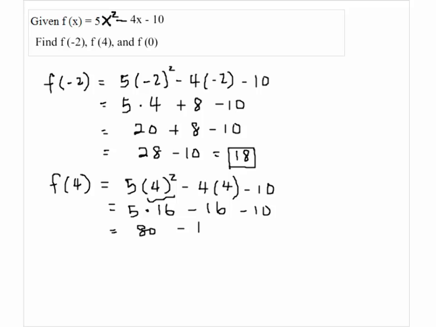So 80 minus 16 minus 10 equals 64 minus 10. So the answer is 54.